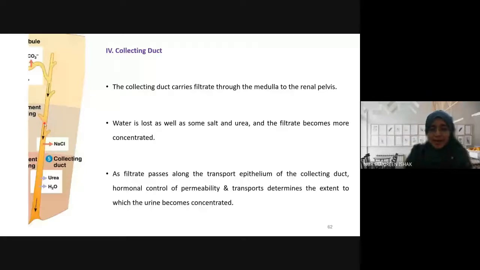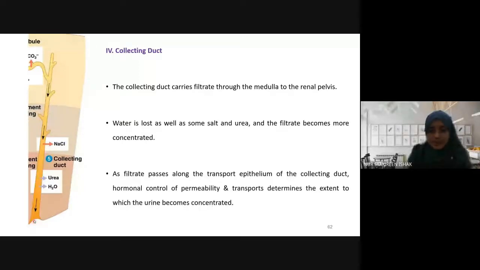Okay, aquaporins. So along the collecting ducts, apa akan jadi? Water will be reabsorbed. So when water is reabsorbed, filtrate concentration will become more and more concentrated.